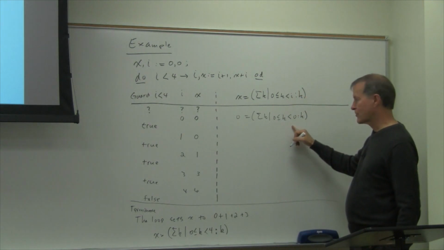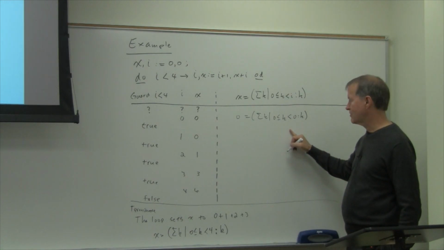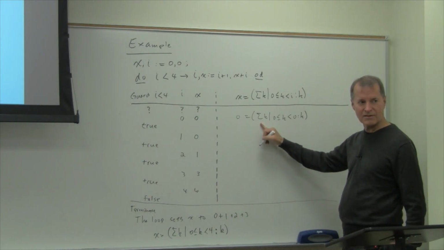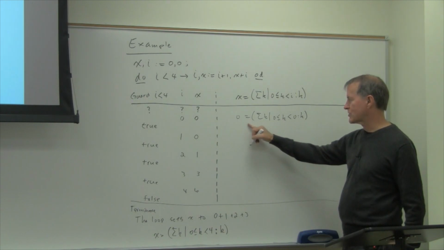Well, is this true? What do we have here for the range? An empty range. What's the value of the empty range for addition? Zero, the identity. So 0 equals 0, yes, that's true.